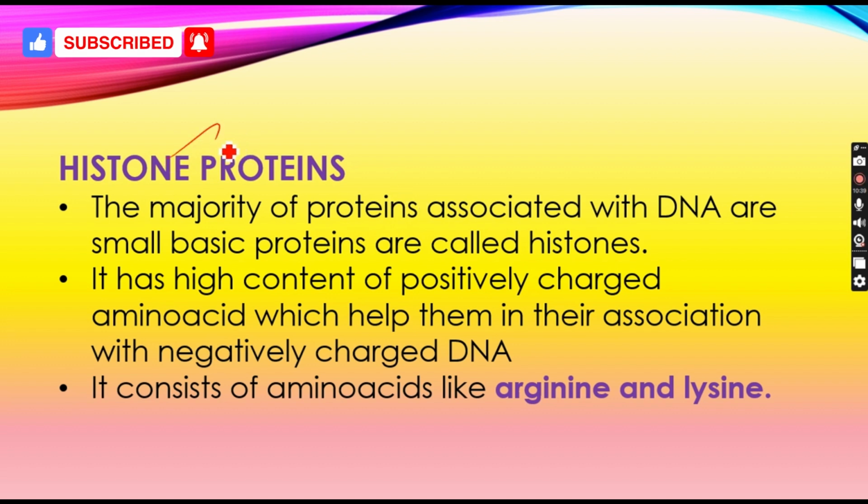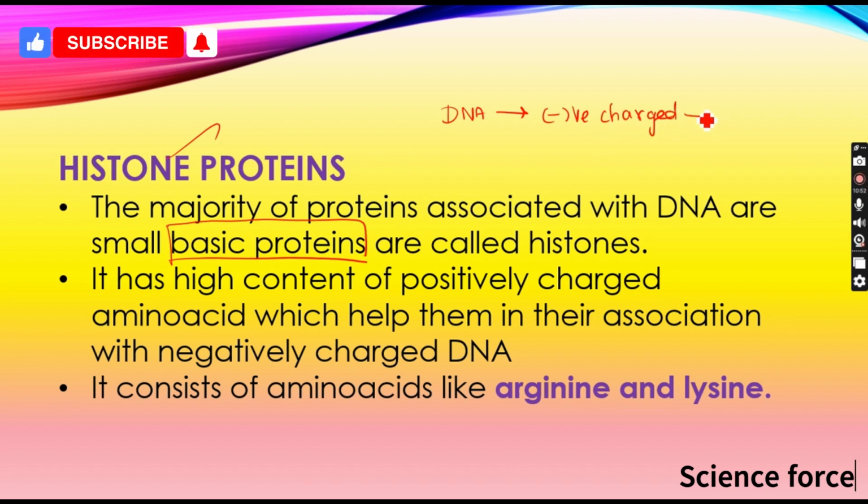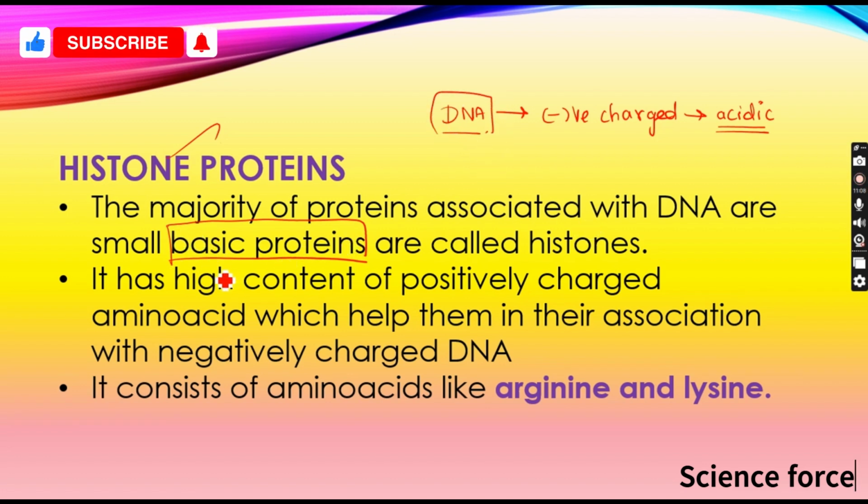The histone proteins are basic in nature, but DNA is negatively charged, which means the DNA is acidic in nature, due to the presence of phosphate. Phosphate is negatively charged, which makes it acidic. So DNA is acidic in nature, but the histone proteins are basic in nature.